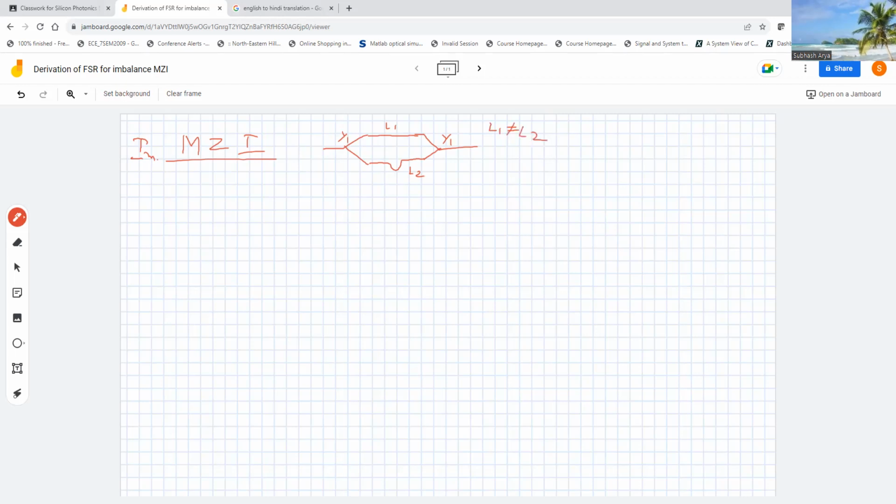That is why when light travels from input towards the output, it travels different paths, and hence constructive interference or destructive interference may take place because of the imbalance in the length, because of the phase difference when light travels along two different unequal paths. So here the difference we can write: L2 minus L1 is equal to delta L. So that is the imbalance interferometer.